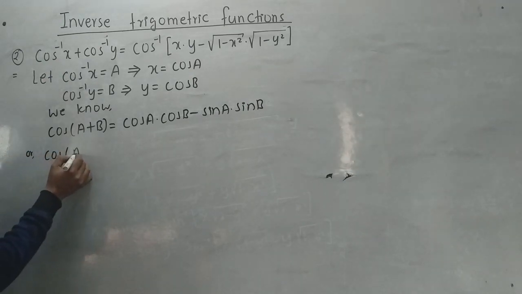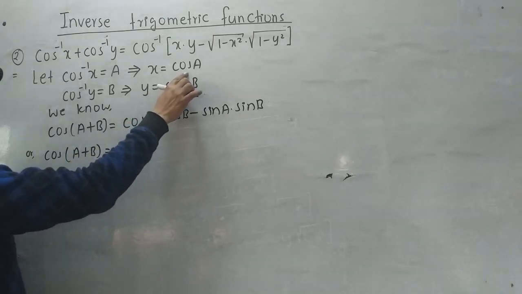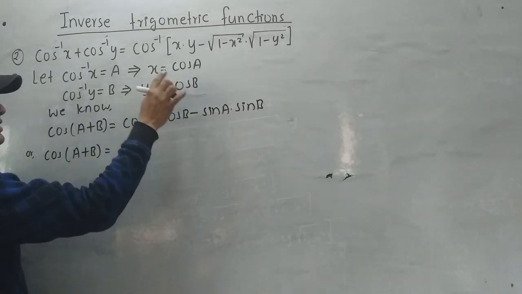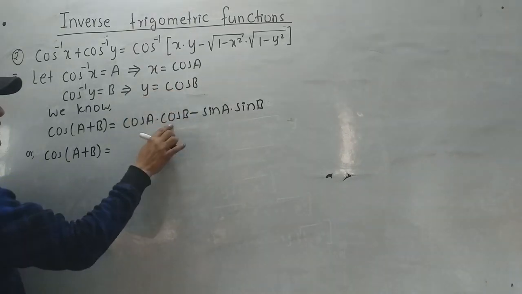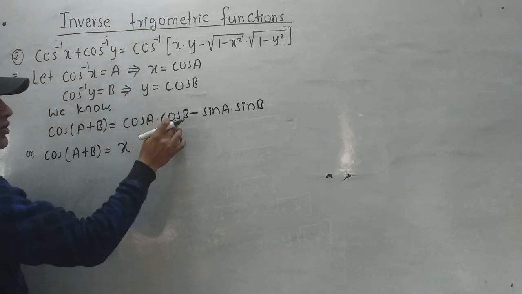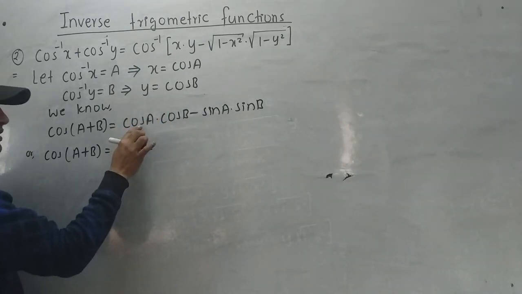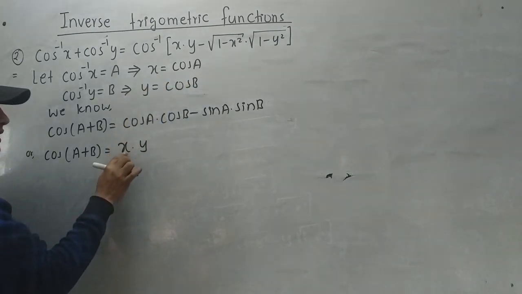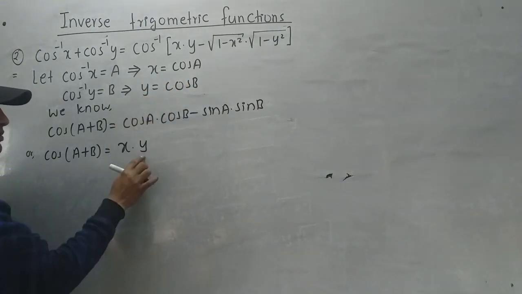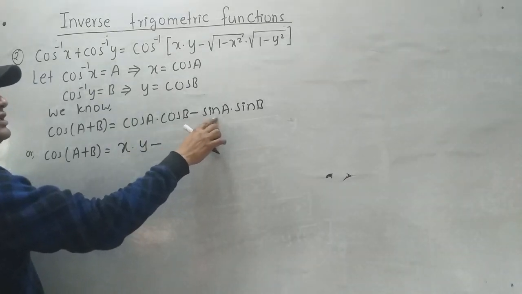So cos A plus B. For this cos A, you can replace that by x. For this cos B, you can replace that by y. Minus, but for sin A, you have to change that in terms of cos.